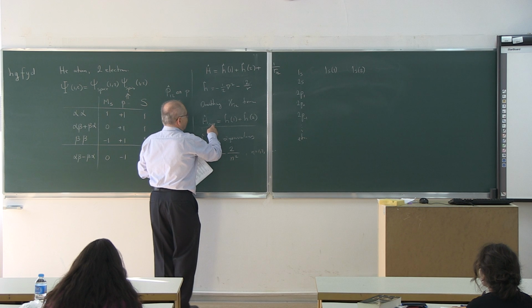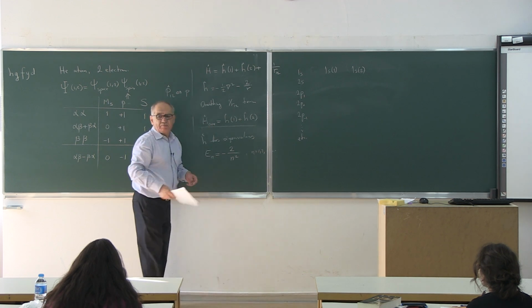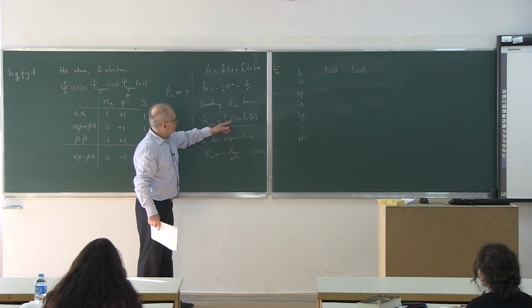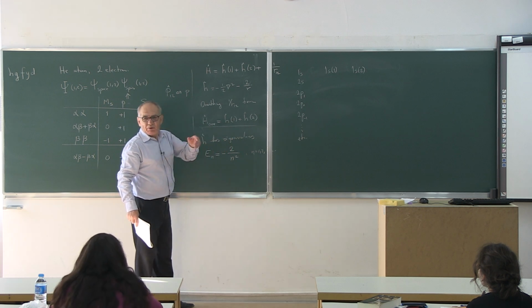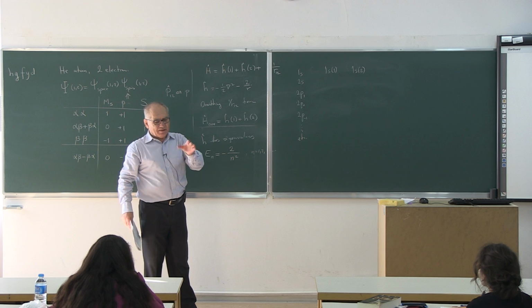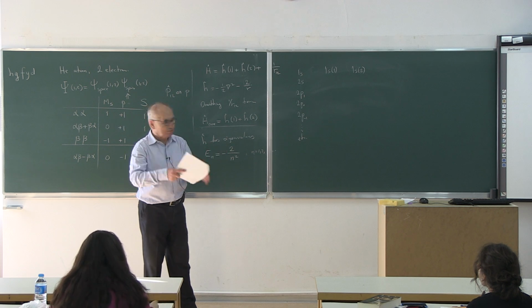The eigenvalues of this core Hamiltonian are simply written down because the two electrons in the core Hamiltonian are non-interacting. And we know that whenever the particles are non-interacting, the total energy is a sum, and the total state function is a product.